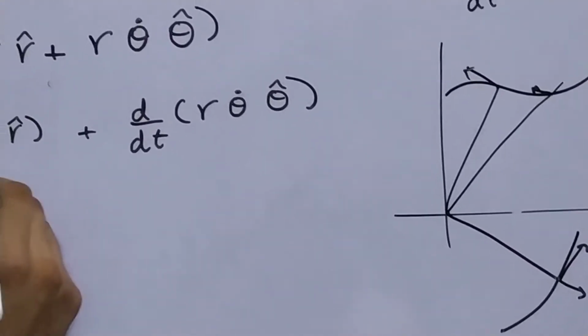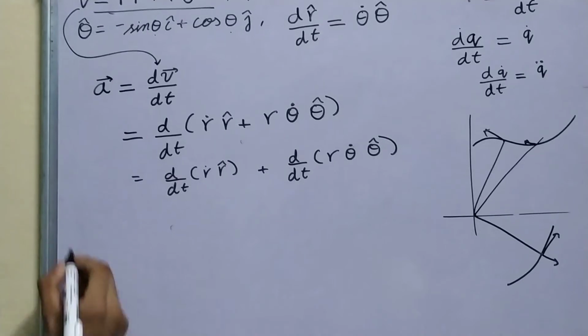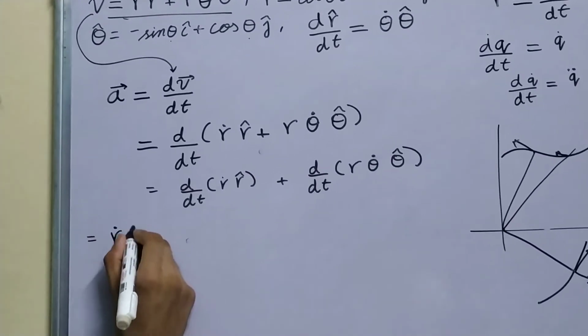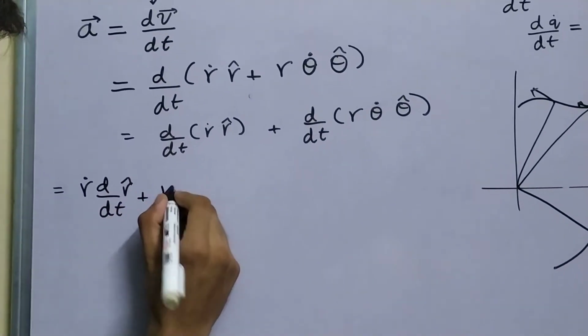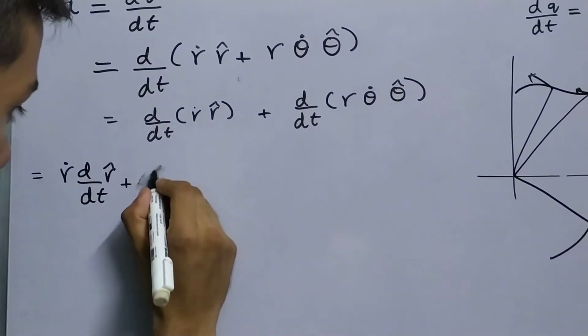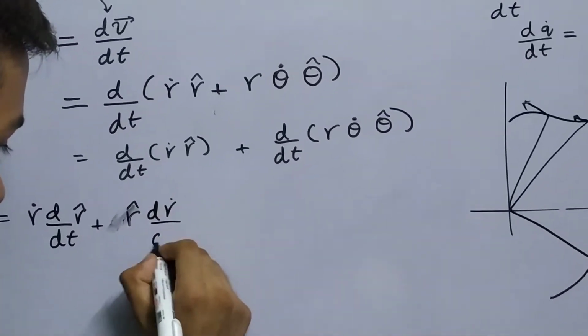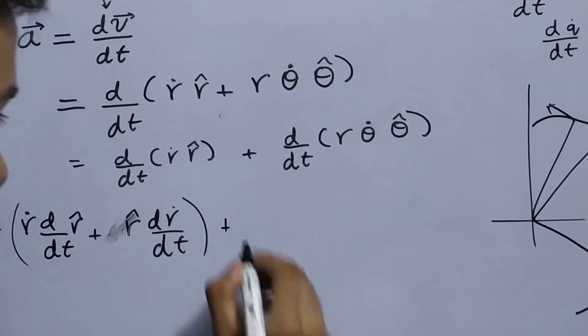Now since all of them are functions of time, we'll be using the chain rule, which is keep the first function constant, differentiate the second, plus differentiation of the first times the second.